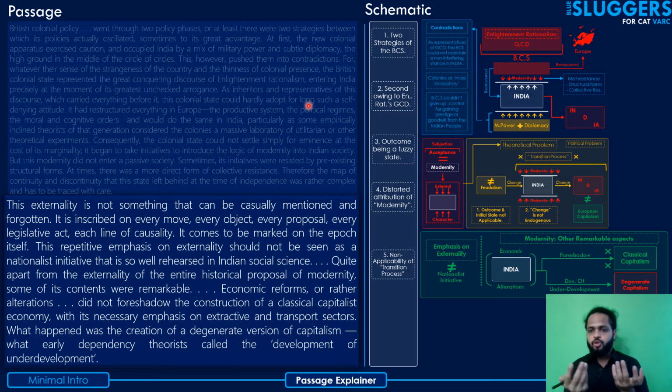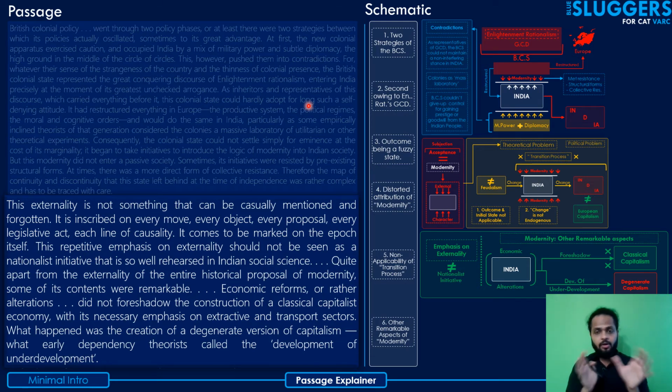It's not that he's opposed to it, but the author basically means that at least he's being silent about that. He doesn't mean to emphasize the idea of externality so that he can emphasize the nationalist agenda or nationalist initiative. His emphasis on externality is an objective observation, and he simply cautions the reader, please don't misinterpret it as a nationalistic initiative on my part.